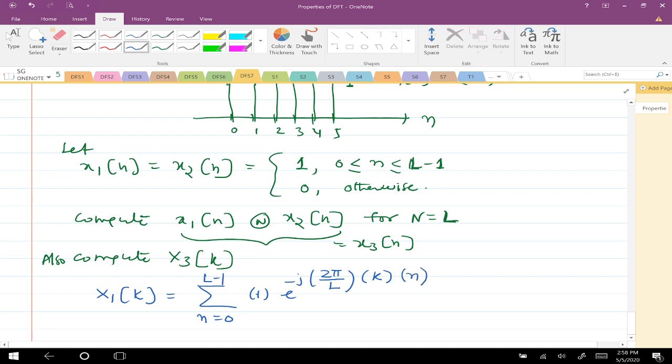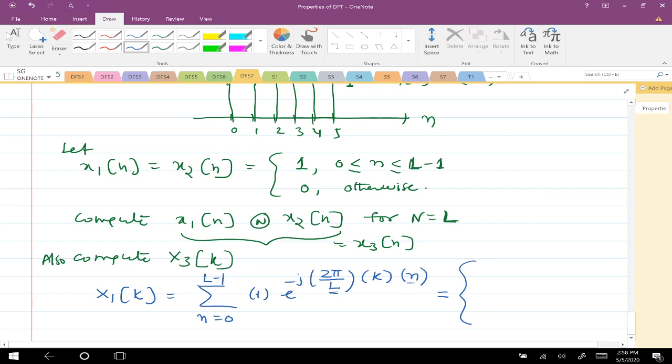This expression you are already familiar with. You come across that e power minus j 2 pi by L times k times n, with n varying from 0 to L minus 1 and L in the denominator. So you refer back to the DFS of the impulse train.